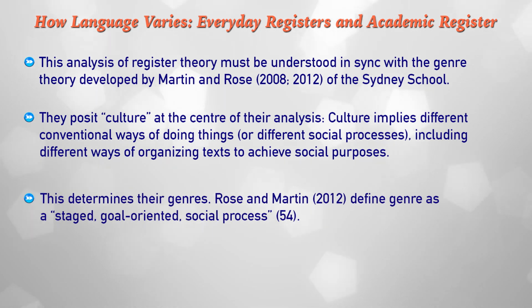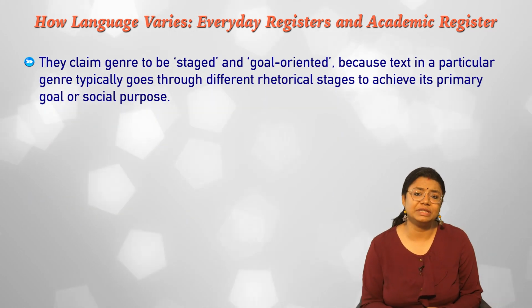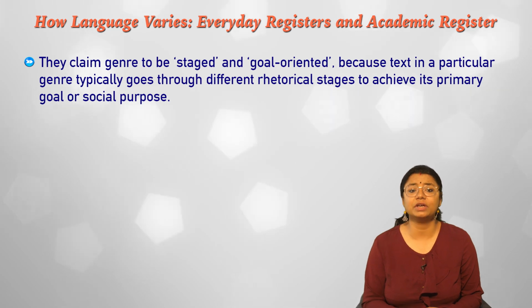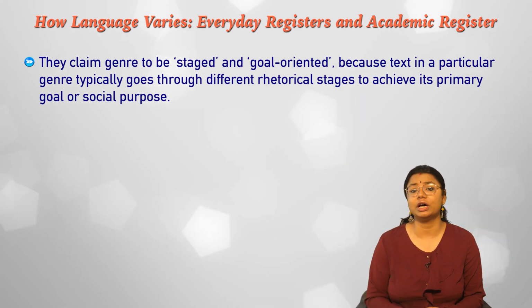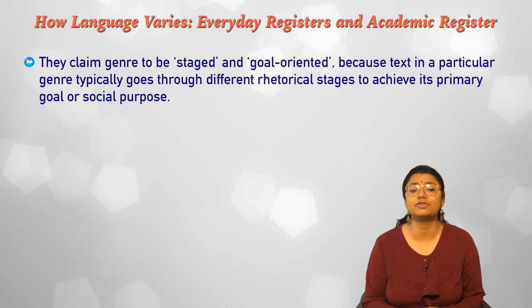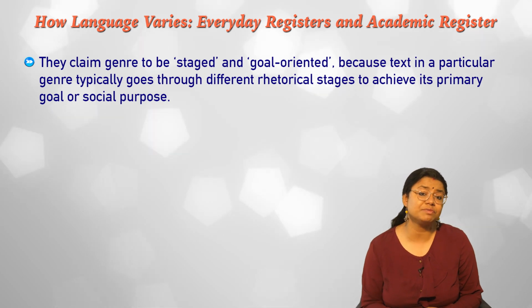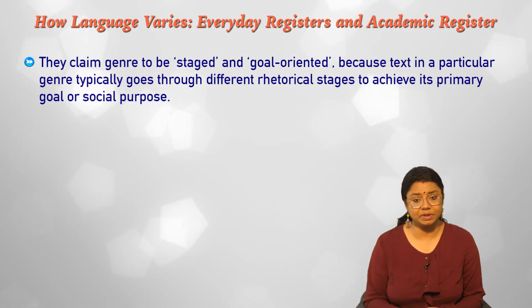This determines their genres. Rose and Martin define genre as, I quote, "staged, goal-oriented social processes." They claim genre to be staged and goal-oriented because text in a particular genre typically goes through different rhetorical stages to achieve its primary goal or social purpose.